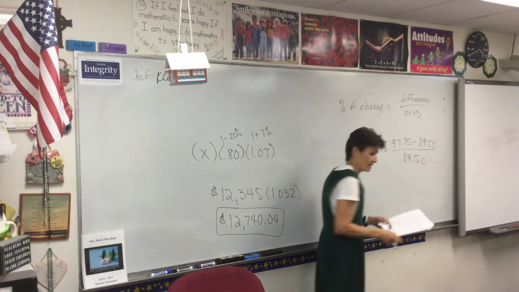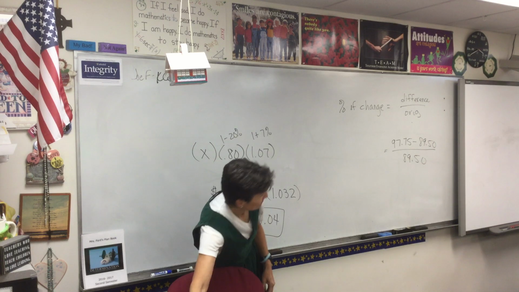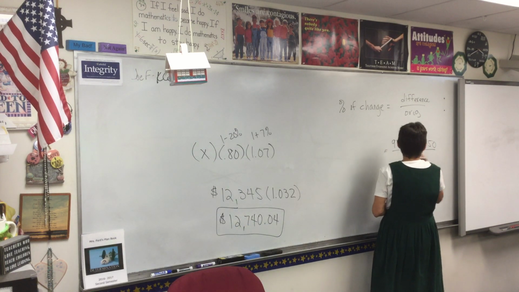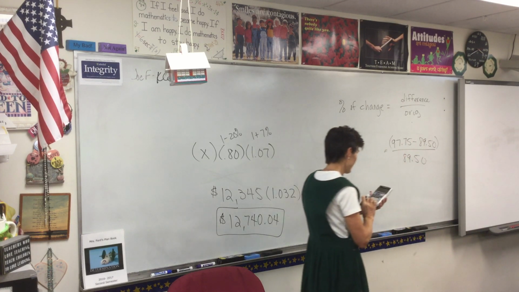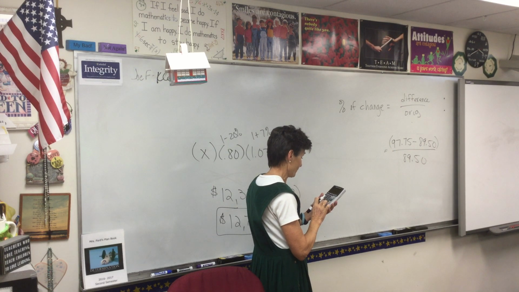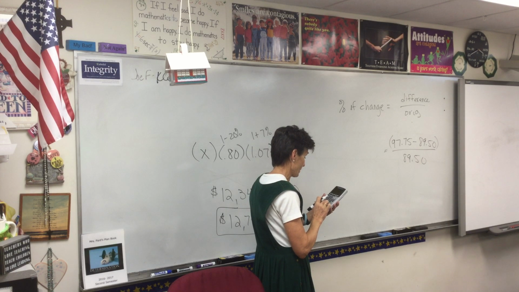And that is going to give us our answer. By the way, if you're planning to type it in exactly like I wrote it, make sure you either put this in parentheses or hit equals before you hit divided by. You need to have that difference before you divide.